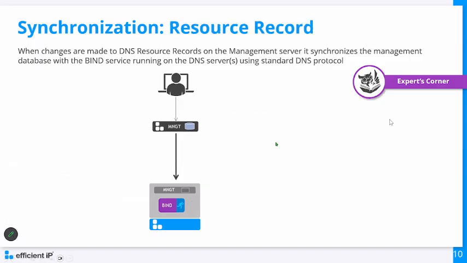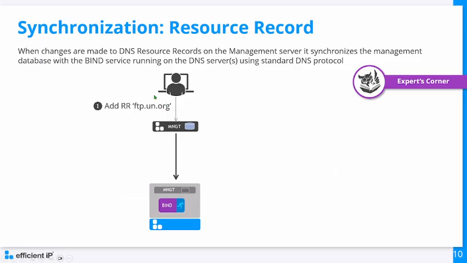Now here is another example. After you create the zone in the management server, now you add a resource record into the zone, ftp.un.org.